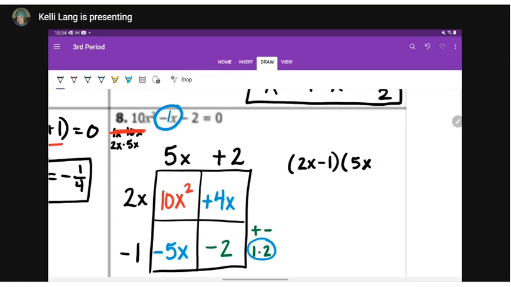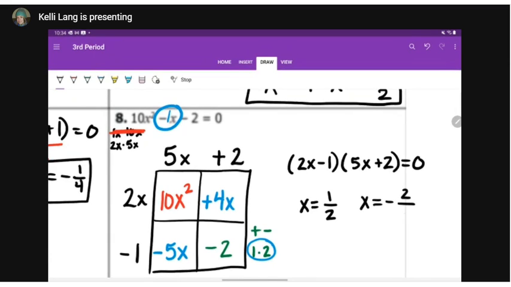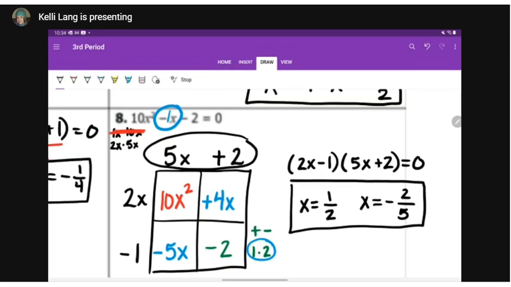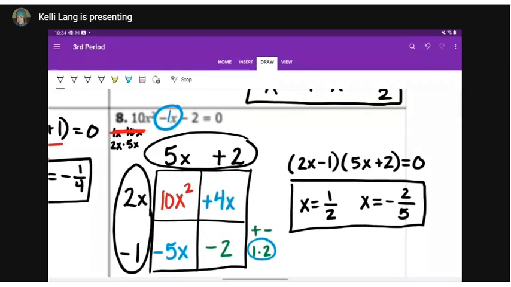I'm seeing students who are doing the factoring 100% correctly, but then they're writing the factored form out wrong because they're getting their numbers mixed up with each other. Just be careful. This is one of our factors, 5x plus 2. This is the other factor, 2x minus 1. And then you end up with your roots, which are 1/2 and -2/5.